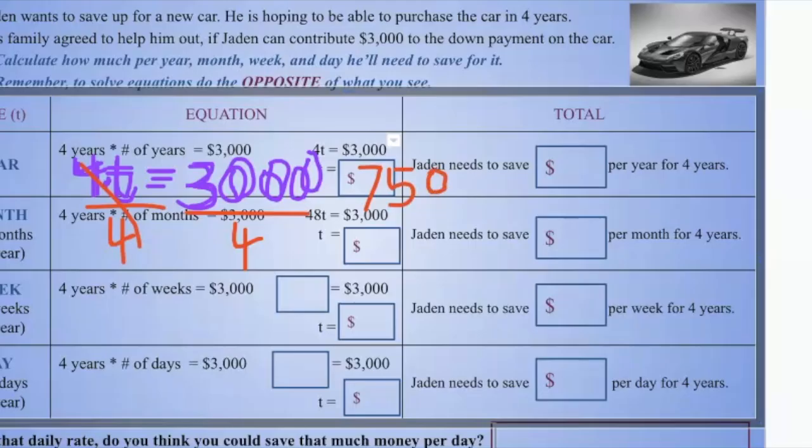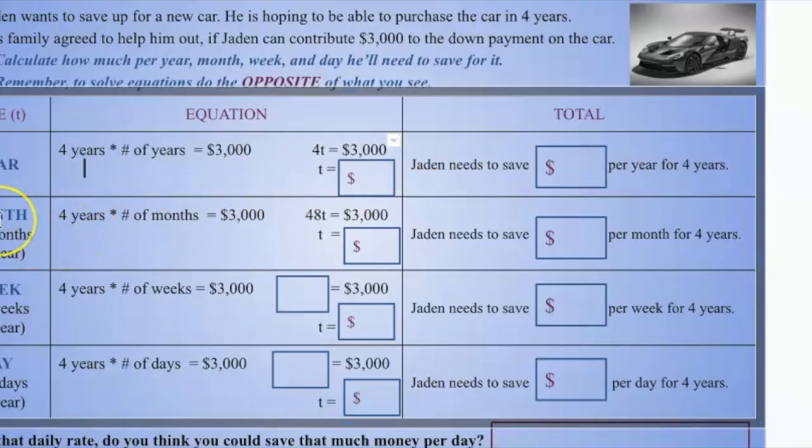So I'm going to go over now to the far right column, and it says Jaden needs to save blank per year. That's each year, every year, for 4 years. That answer is $750. I'm going to erase this stuff, so make sure you type that down, and then we're going to do the calculation on the next part.